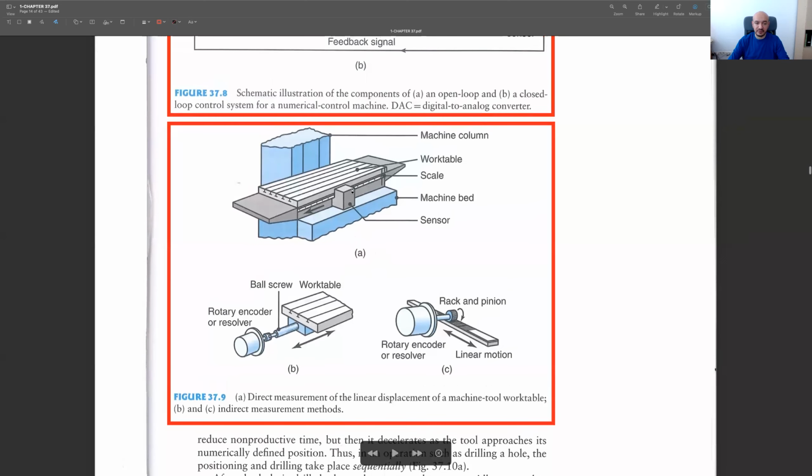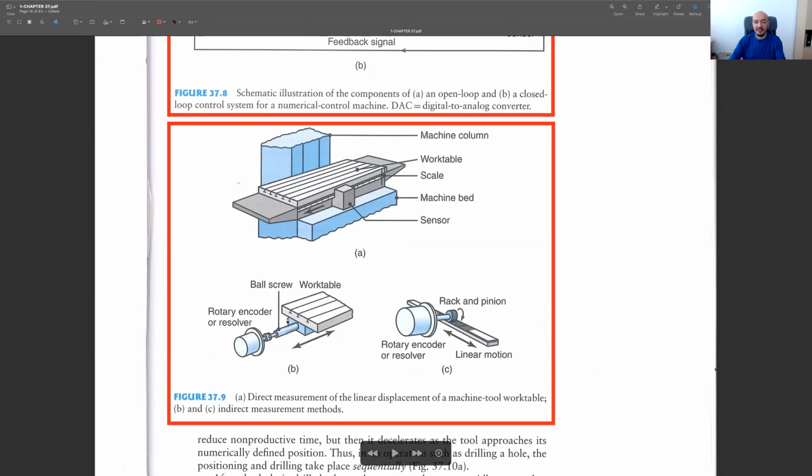But if you look at the first one, this is called a direct measurement, since we are directly measuring the position of the table. In the ones below, we are not measuring the position of the work table. We are measuring the number of revolutions this screw made and its angle. Which means that after you have this information, you need to do some computation.